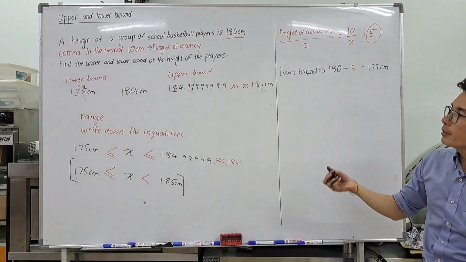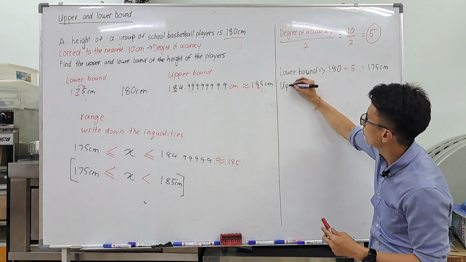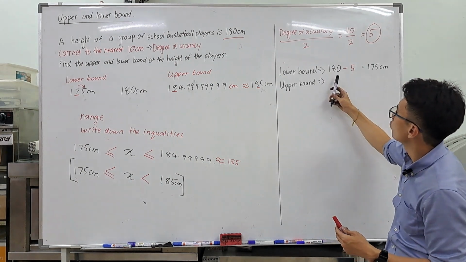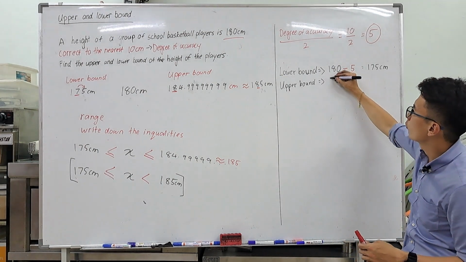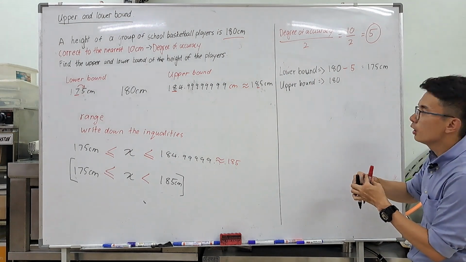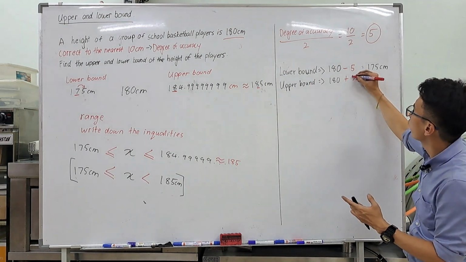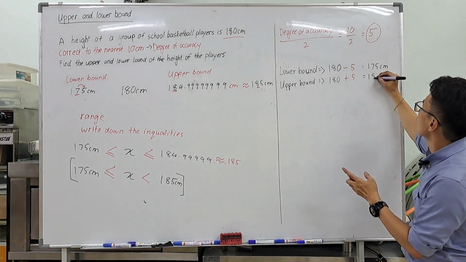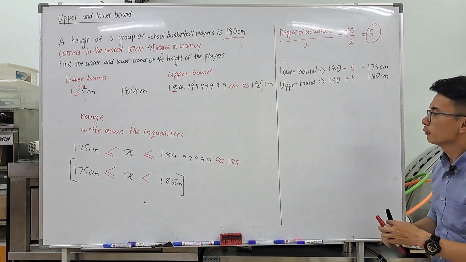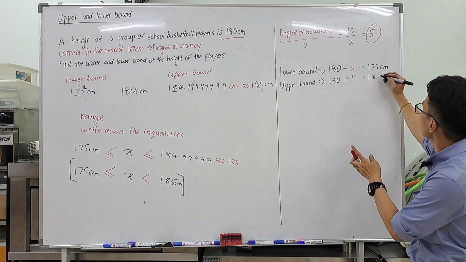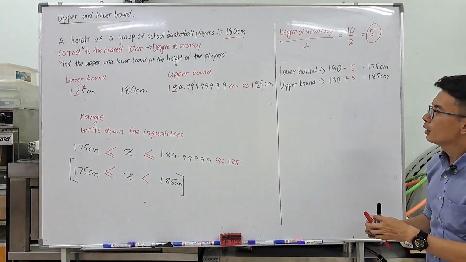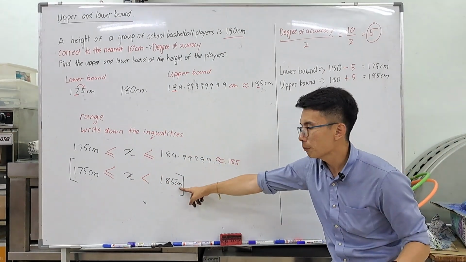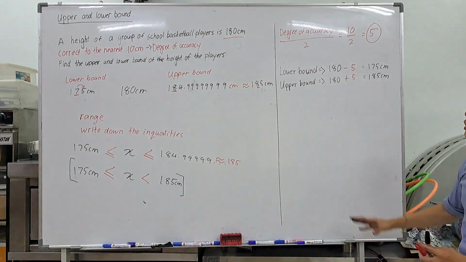Very similarly, for my upper bound, I'm going to use the rounded off value again, which is 180 centimeter, and I'm going to add 5 over here. And this will give me, oh sorry, 185 centimeter. Now take a look, that's my lower bound, and that's my upper bound, right? So that is how you do this.